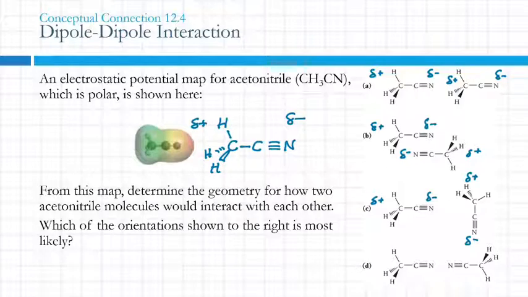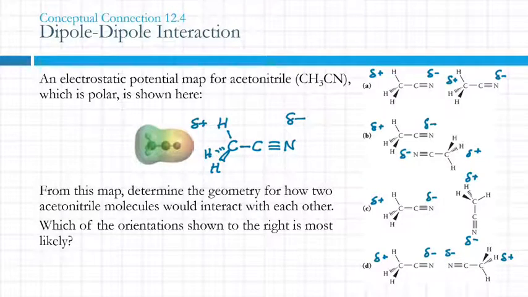So if you think about magnets, and one end is the North Pole and the other end is the South Pole. So down here we have two North Poles together.